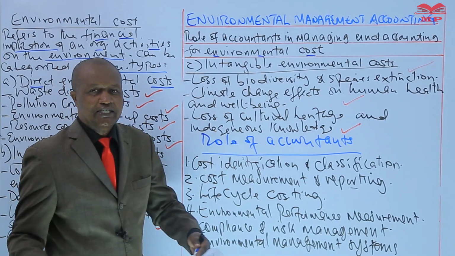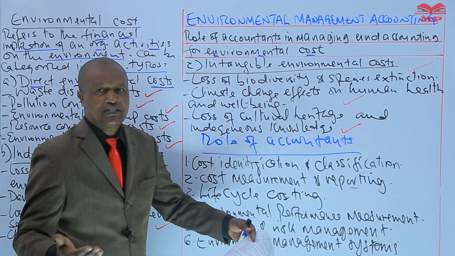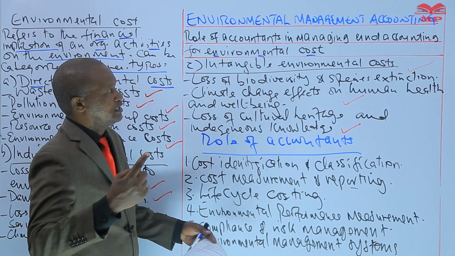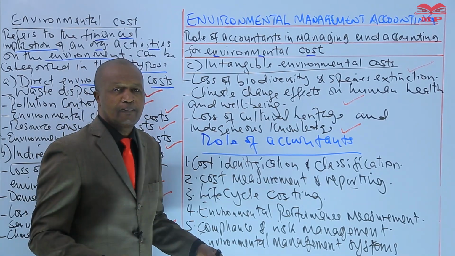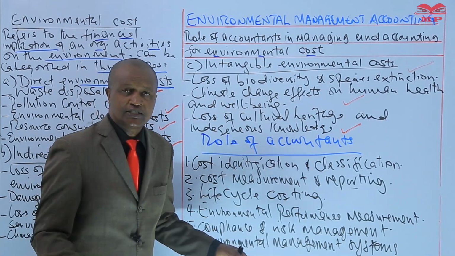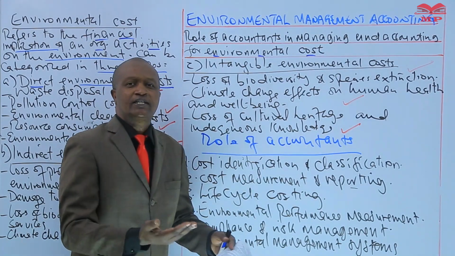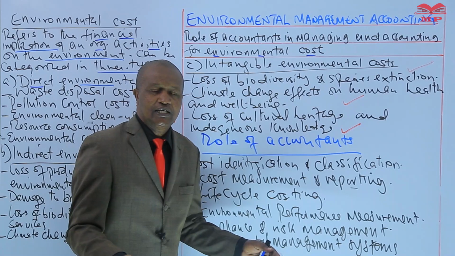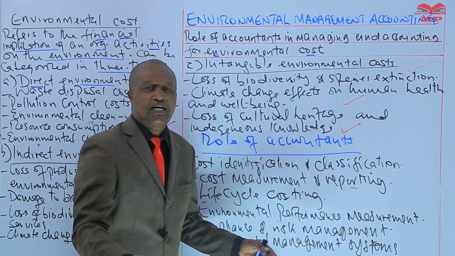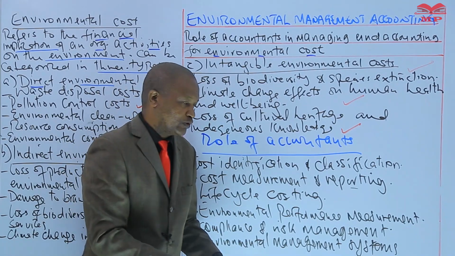The accountants integrate environmental considerations into strategic planning and decision-making processes, because you need not to forget that management accounting is a tool that the management uses to gather information, to gather data, to gather analysis and insights that can support the development and also the implementation of strategic goals of an organization.